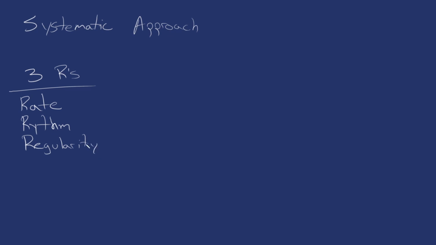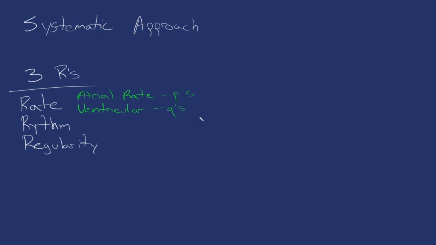So we're talking about rate, okay? We're talking about our atrial rate and the ventricular rate. So that's talking about the rate for our P's, and the rate for the Q's or the R's.